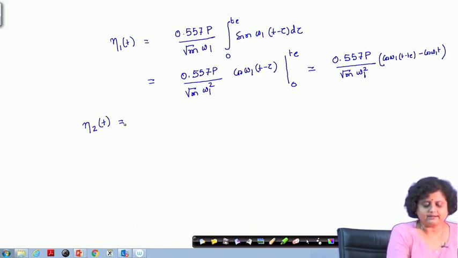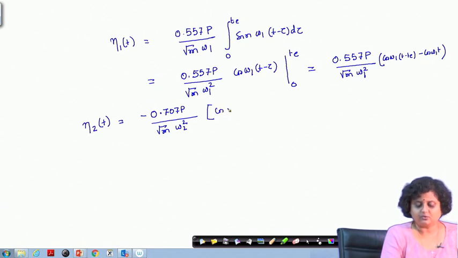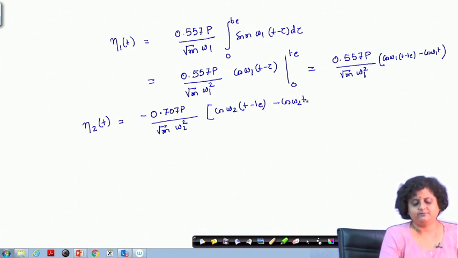So, eta 2 similarly would become minus 0.707 p by root over m omega 2 square into cos omega 2 (t minus t e) minus cos omega 2 t.